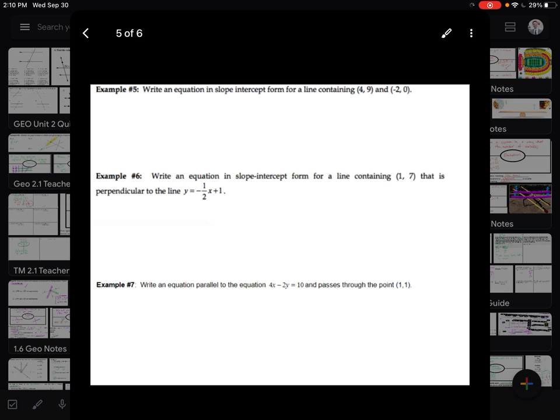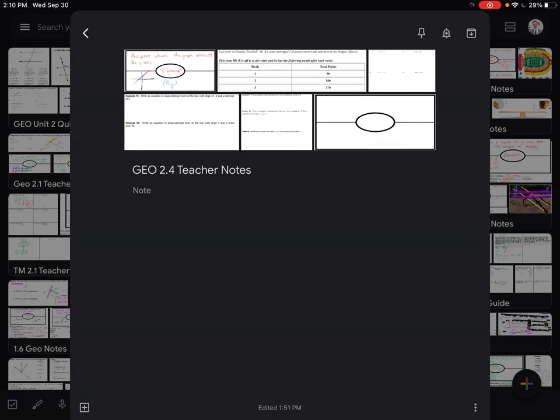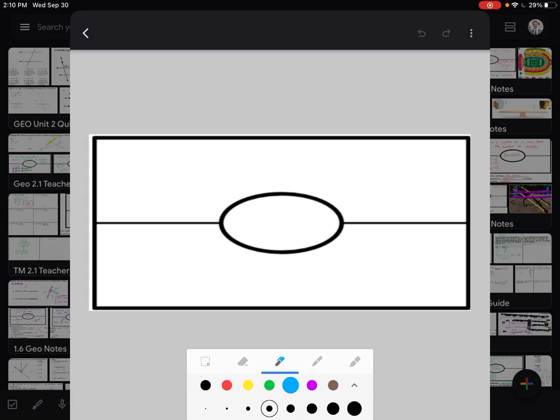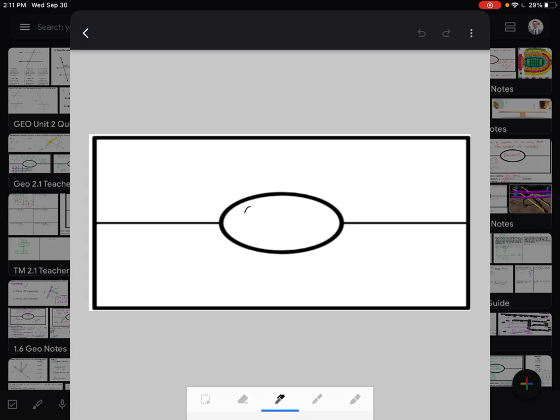All right. Our second definition for today is going to be slope-intercept form.